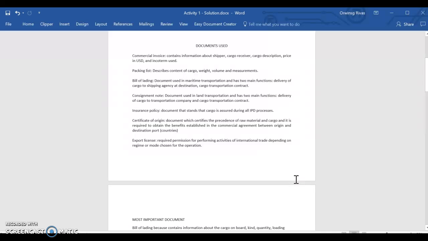Commercial invoice contains information about shipper, cargo receiver, cargo description, price, and the Incoterm used. Packing list describes content of cargo, weight, volume, and measurement. Bill of lading is used in maritime transportation, as this is the case, and has 2 functions: delivery of cargo to shipping agency at destination, and also works as a transportation contract.